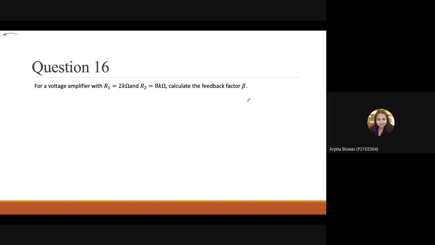If R1 or R2 resistance are given, in that time how to find out the feedback factor? The answer is 0.1.